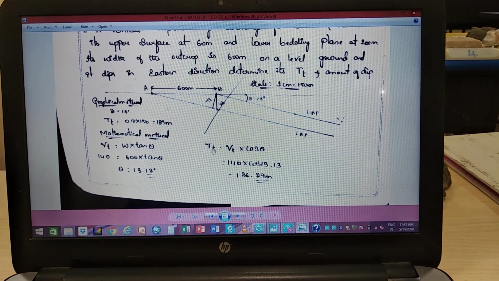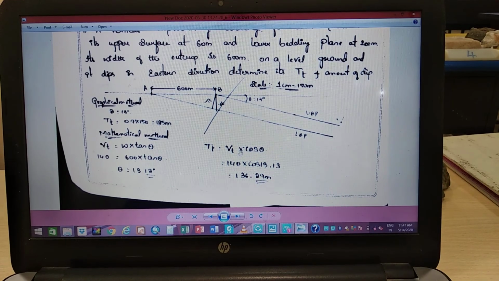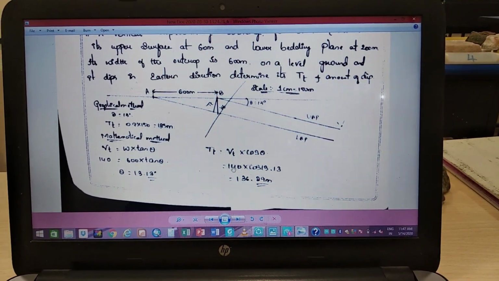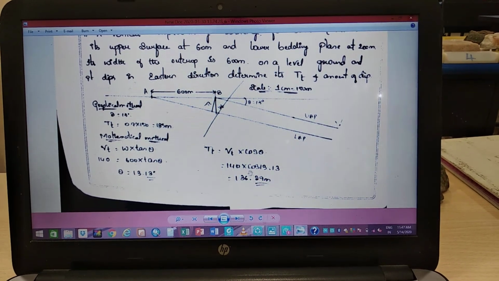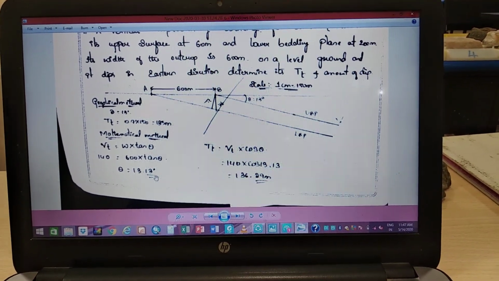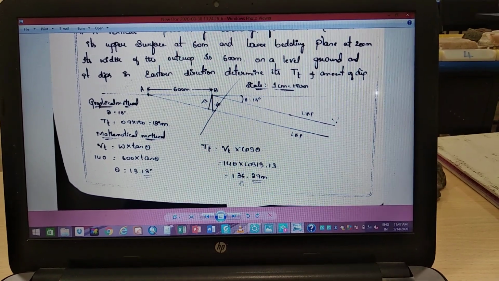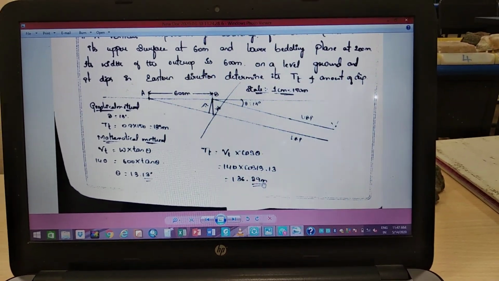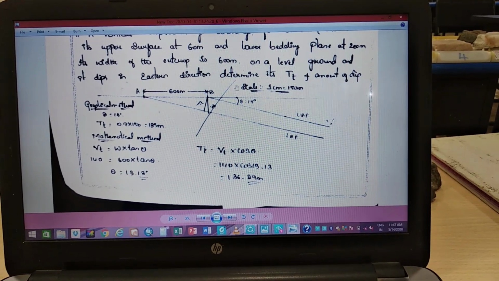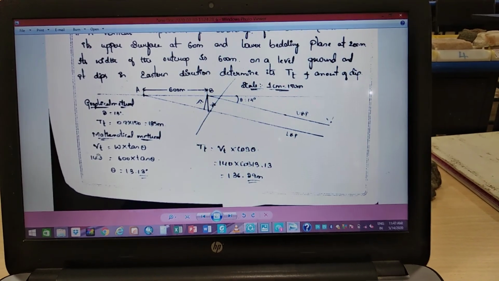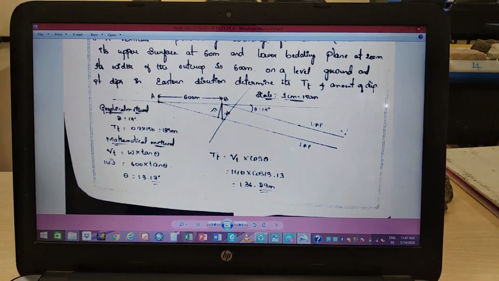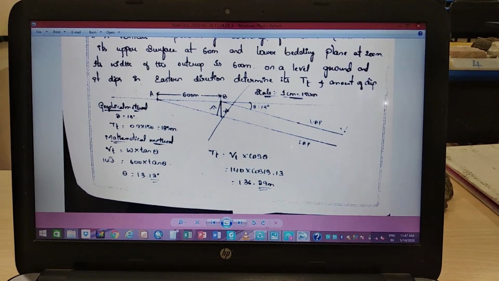So Tt is equal to Vt multiplied with cos theta, and 140 is the Vt, and cos 13, this is the angle of inclination of the bedding planes, and you will get about 136.29 true thickness. And vertical thickness we are already given. This is all about the thickness problem introduction part, as well as the type 1 and type 2 methods.